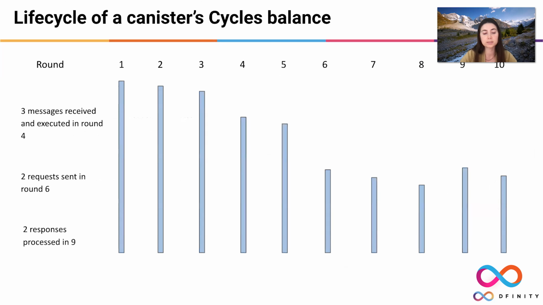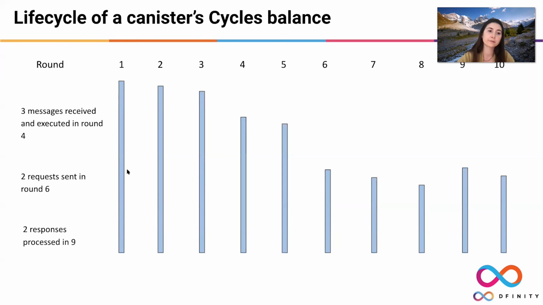We're almost at the end of our presentation, and before we finish, I would like us to go through the life cycle of a canister balance. We have taken a very simplified example. For some rounds you can see nothing is executed, but we took 10 rounds and want to see how the balance fluctuates during this time.